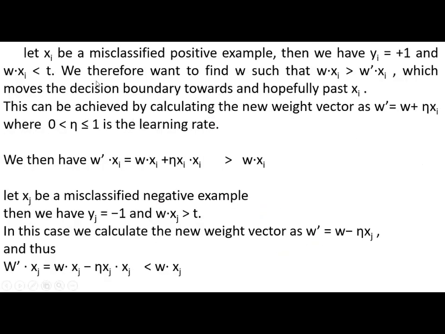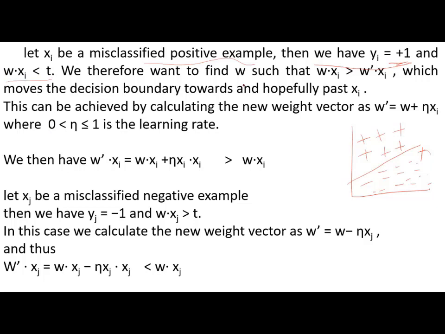Let us see. Let xi be misclassified as a positive example. We have yi = +1, and w·xi is less than t.